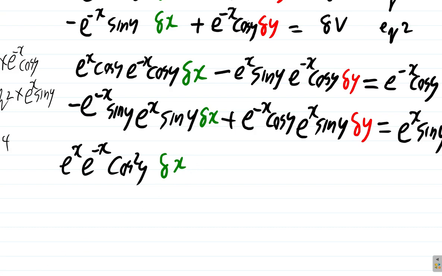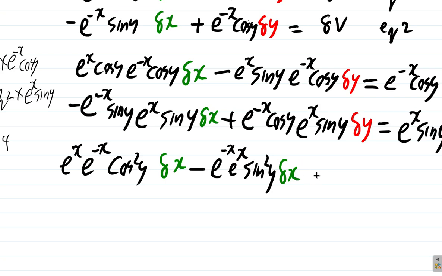Now, plus, then we have our negative. It's a plus negative, so it's going to be minus e to the negative x, e to the x. Let's put these side by side, e to the negative x, e to the x, sine y, gives us sine squared y times our del x. See that?